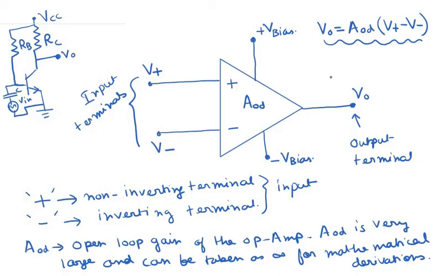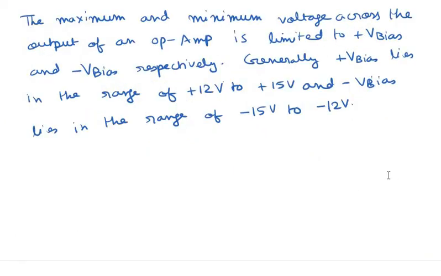Just as I stated that the output of the op-amp can vary from a maximum value of plus V bias to a minimum value of minus V bias, the input versus output characteristics of an op-amp is given by a graph like this, where in the horizontal axis we have V plus minus V minus, the difference between the voltage of the non-inverting terminal and the inverting terminal, and in the vertical axis we have the output voltage V0.